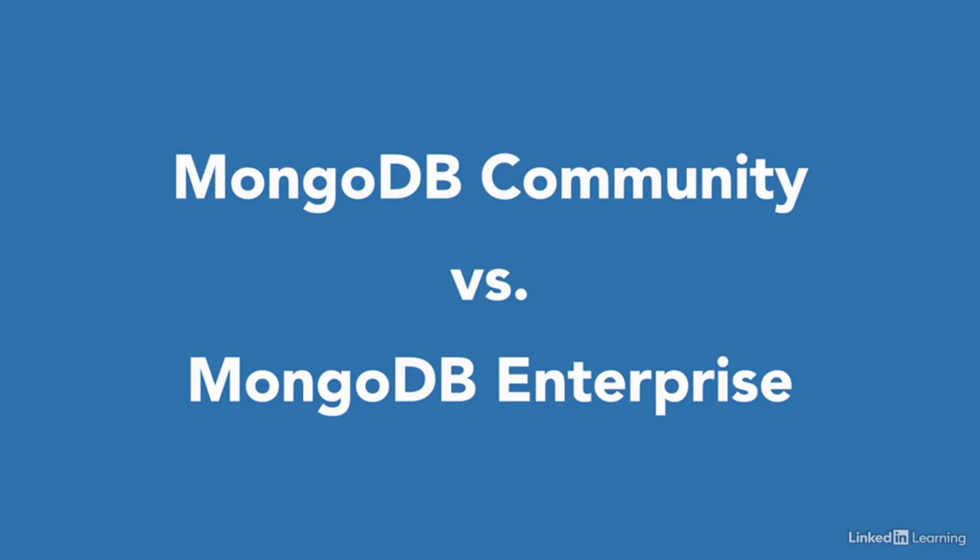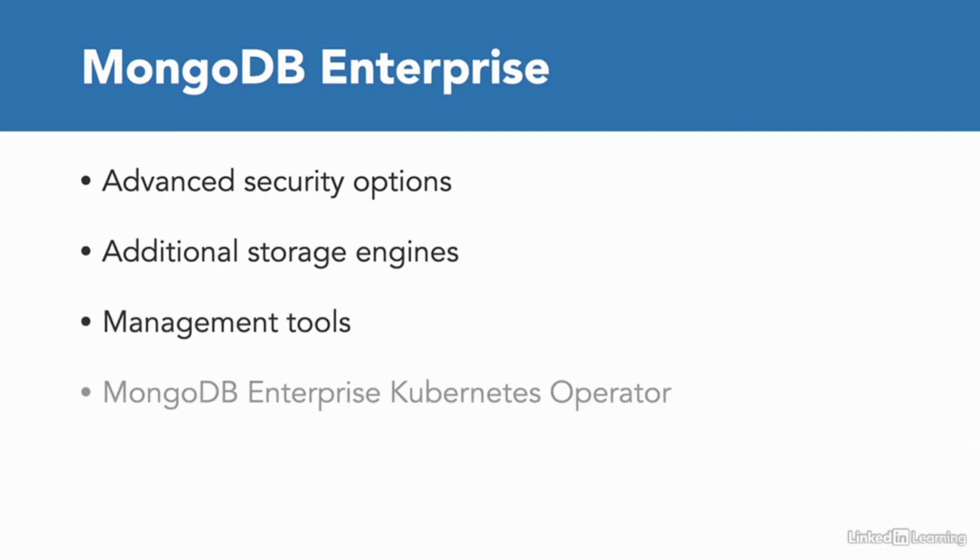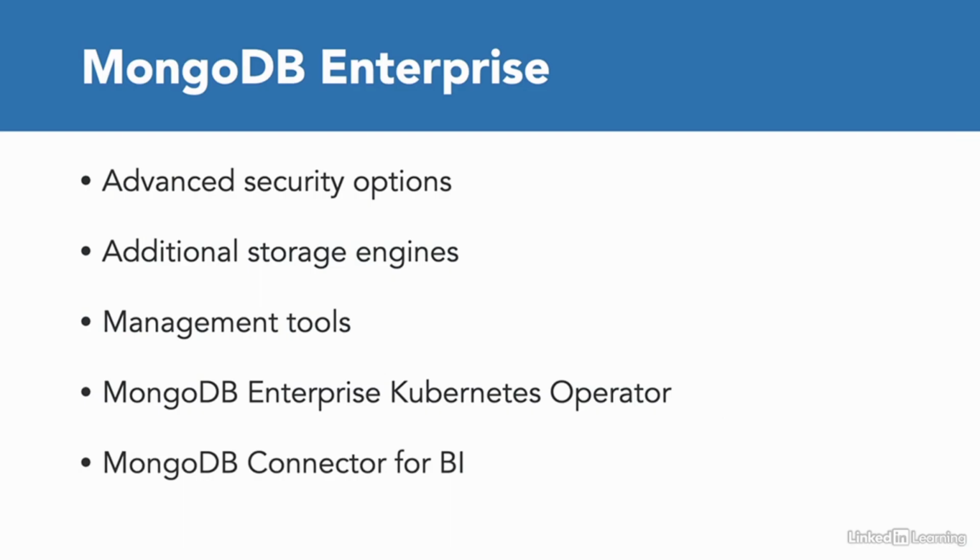The core features for developers are the same, but MongoDB Enterprise offers advanced security options, additional storage engines, management tools, the MongoDB Enterprise operator for Kubernetes, and the MongoDB connector for BI, which is going to be interesting for you if you are used to interfacing with a database using SQL or any tools that use SQL. For this course, we are going to be using MongoDB Community.